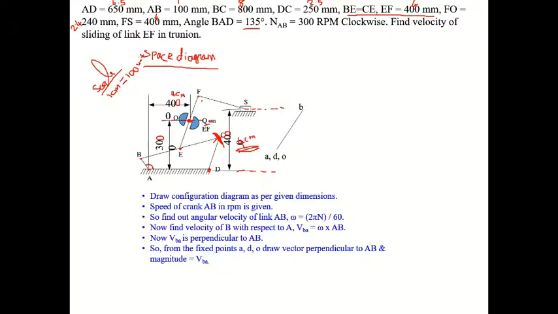Take 4 centimeter on the compass, keep one point of the compass on F and put an arc on this horizontal line. And that is S. So we have finished this space diagram.